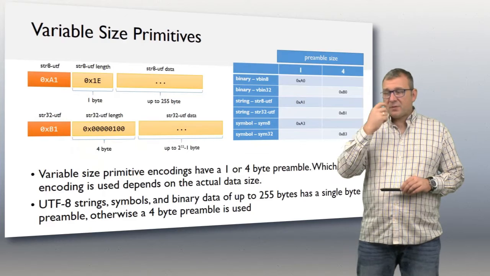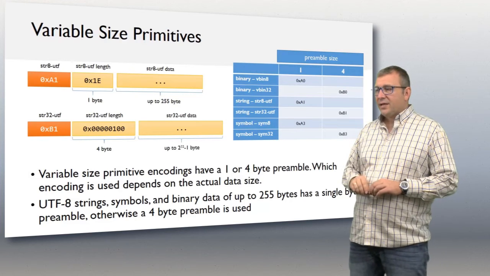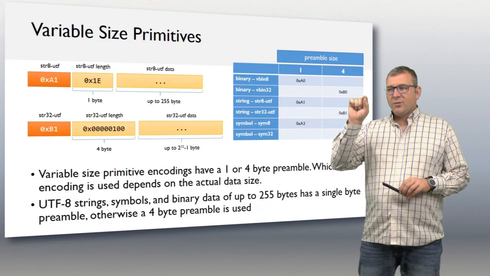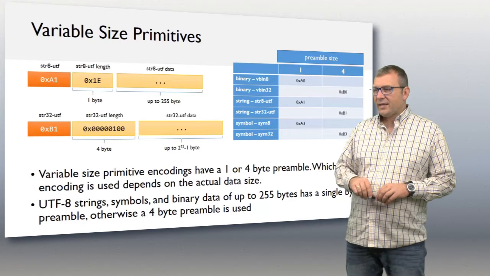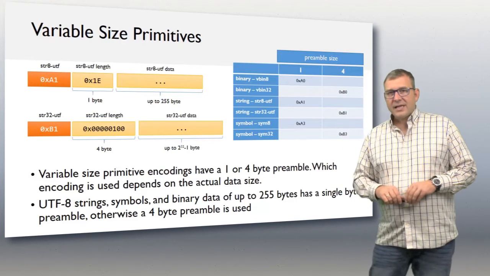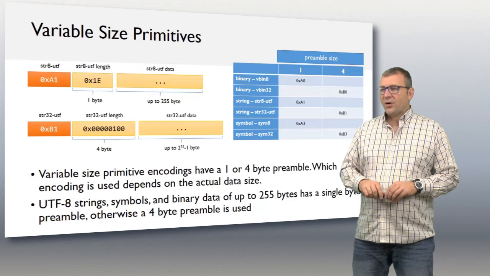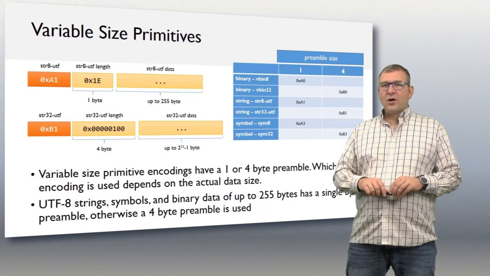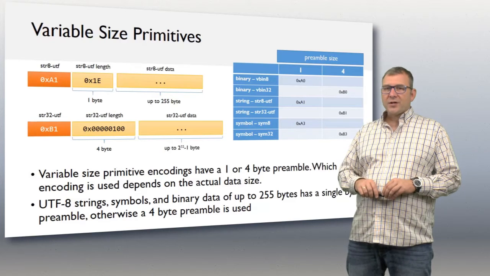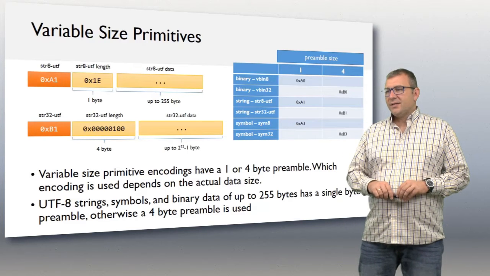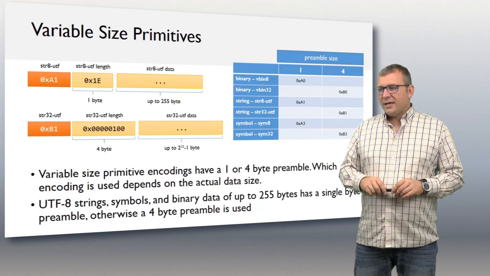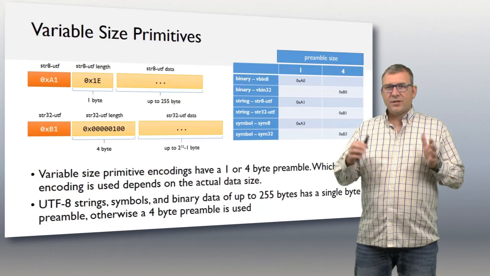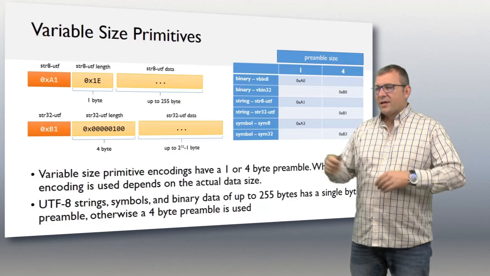The variable size primitives, you already saw an example in the beginning. The string with hex A1 as the constructor, then the length byte. There is also a shorthand for a longer string: you use a different constructor, B1, and then you have a 4-byte uint length indicator that you can then use for the string that follows.